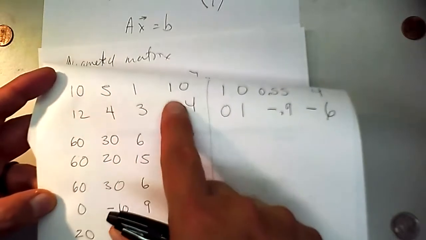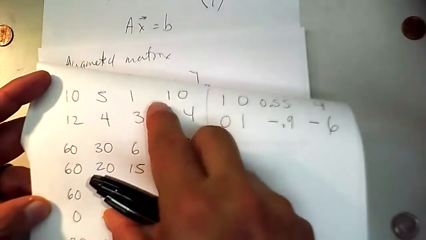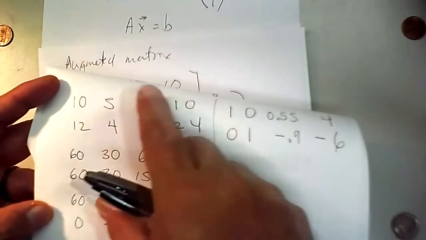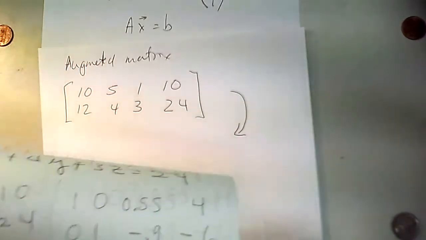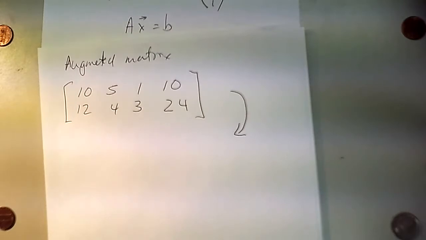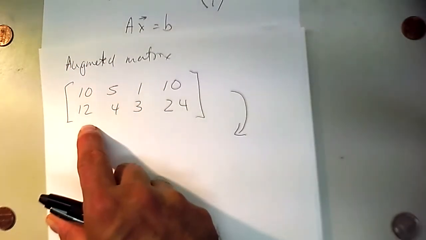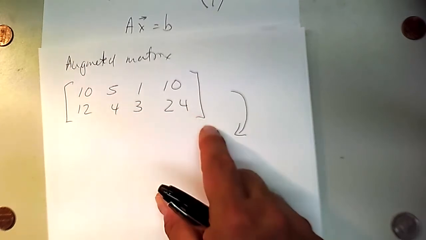So this is not necessarily a very standard way of going about coming up with the row reduced echelon form, but it doesn't use fractions until the very end.